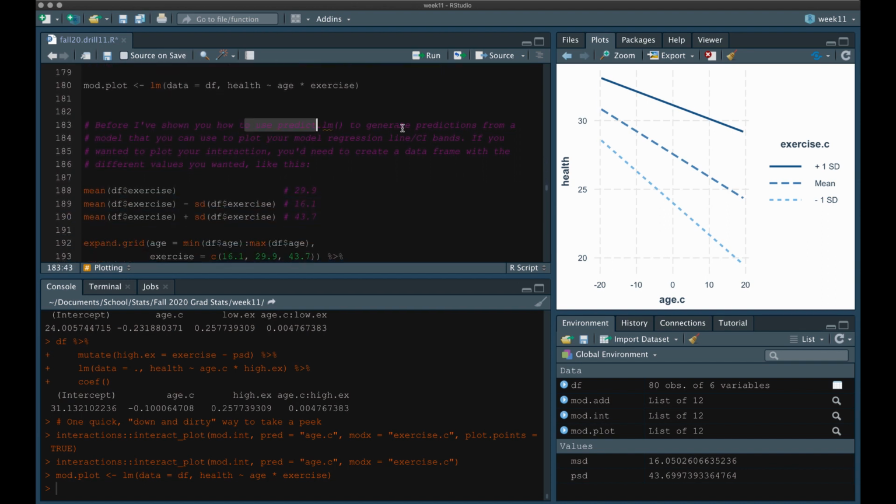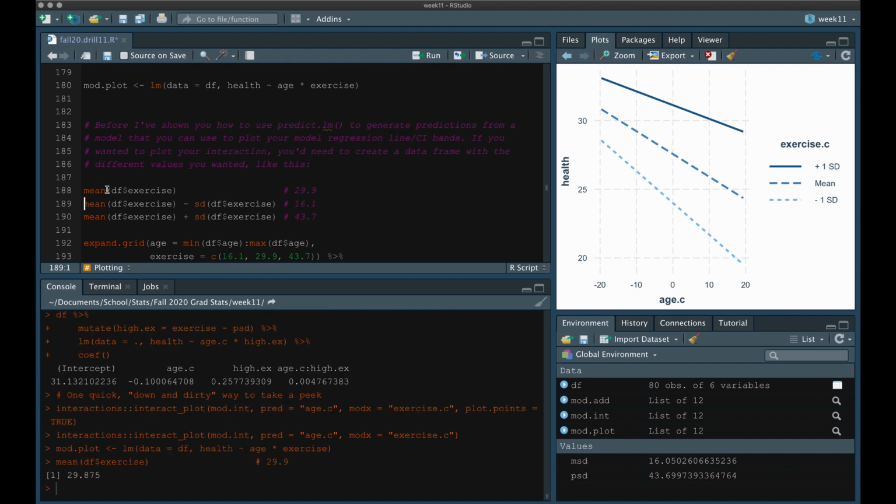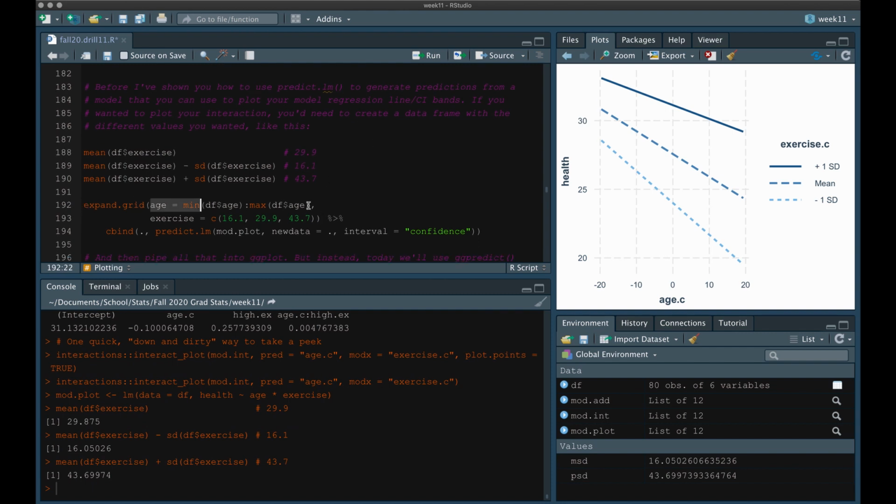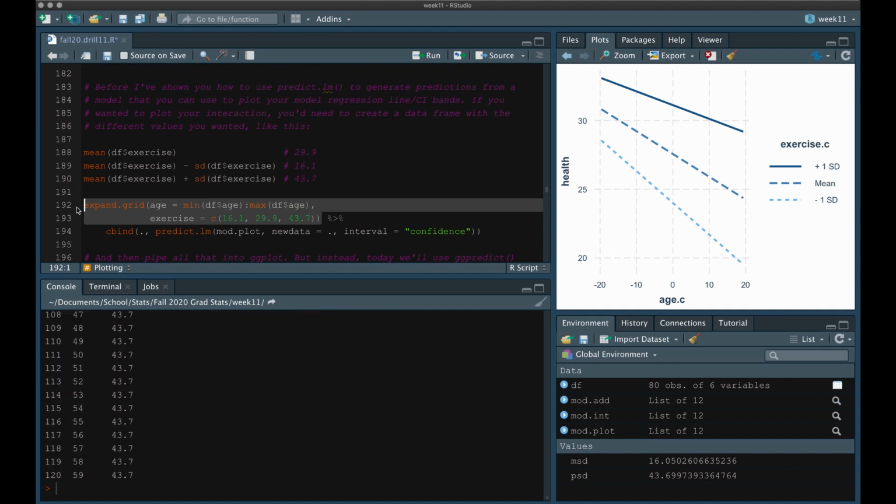So before, I showed you how to use predict LM to get the regression lines and confidence intervals. If we have a mean plus and minus a standard deviation, we create a data frame using expand grid, where we have all the values between our min and max age for exercise that's one standard deviation below the mean at 16.1, and then all those values of age for the average exercise, and then all those values of age for one standard deviation above.